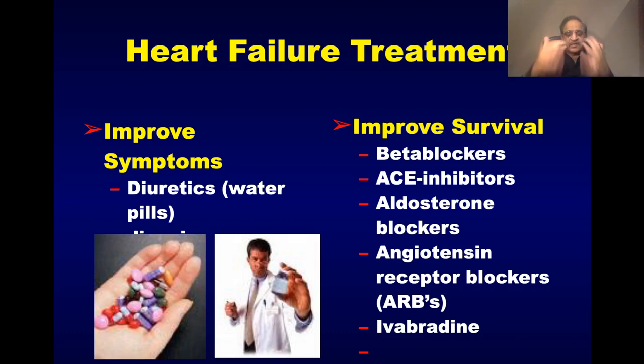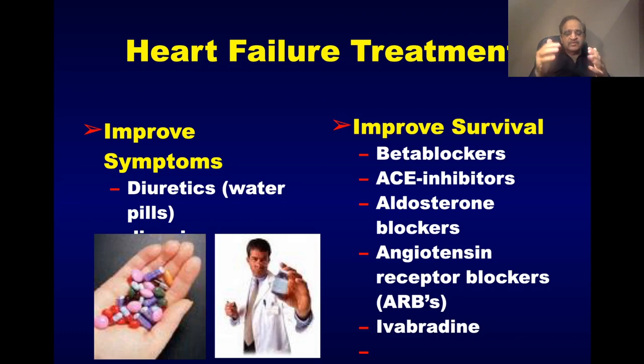There is increased catecholamine level in the circulation. Catecholamines are cardiotoxic and they are arrhythmogenic. So ACE inhibitors are very helpful. And if the patient cannot tolerate ACE inhibitors, you should put him on angiotensin receptor blockers, of course, ARBs.